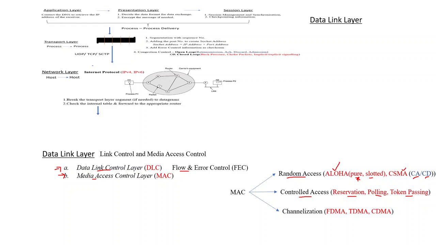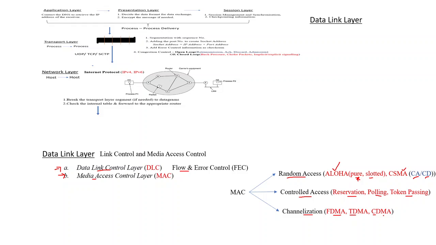And if it is not able to grab the token, it knows some other station is sending, and of course, it cannot send without grabbing the token. And finally, we have channelization strategies where the channel is divided according to frequency, time, or code. This is the frequency division multiple access, time division, and code division multiple access.